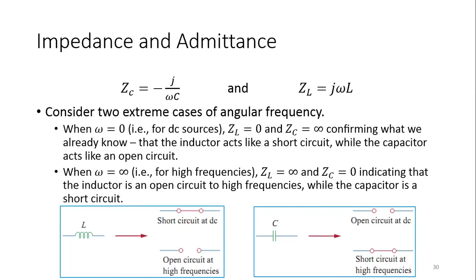For example, when we consider omega equal to 0, the capacitive impedance would be infinite, and the inductive impedance would be 0.